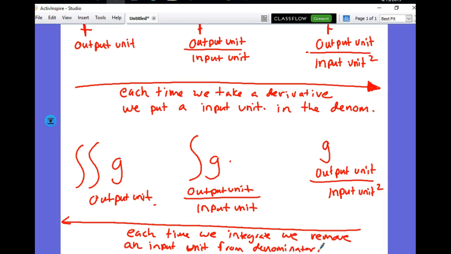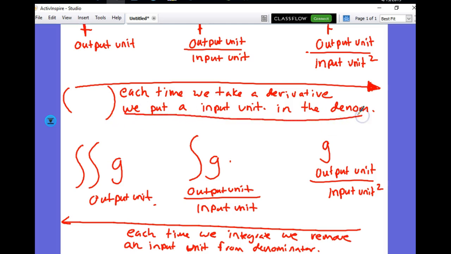Okay. Now there's another way that we could say this. Let's go back up here to this one up on the top. Every time we take a derivative, we put an input unit on the bottom, right? Well, that's the same thing as dividing by the input unit.